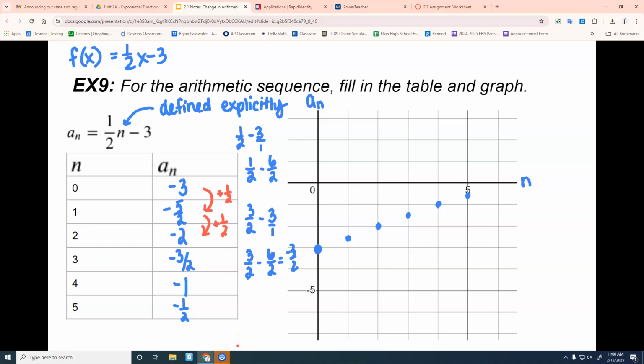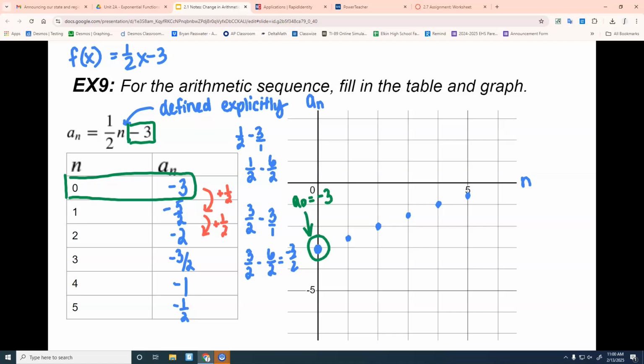Also, another thing to note right here. Let me get a different color. Here was my -3. Notice that was this first point right here on my graph. This point is my a sub 0 equals -3.